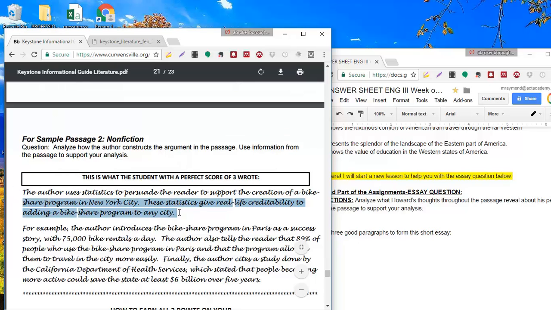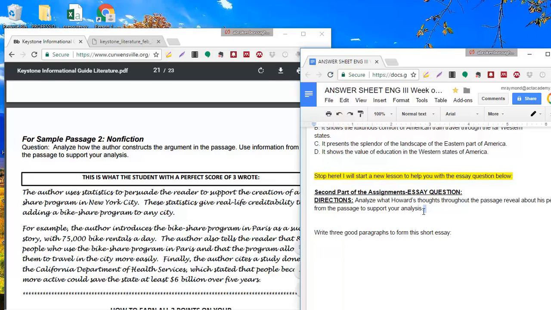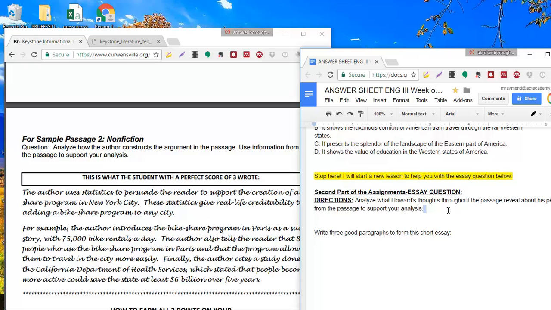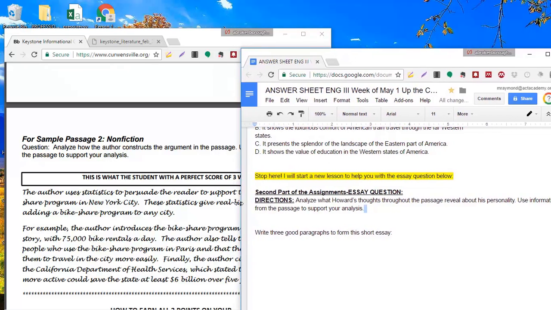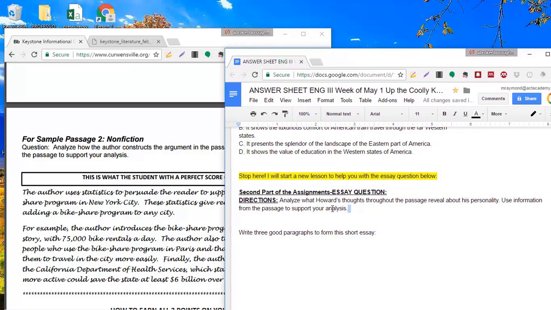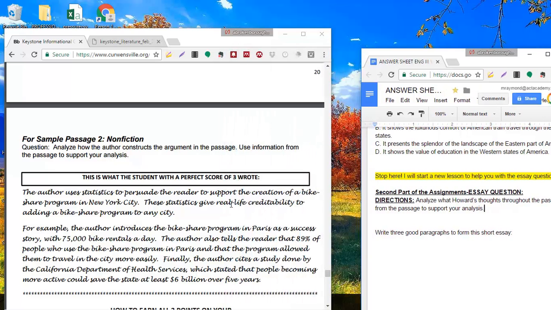So for your essay, you want to analyze how Howard's thoughts throughout the passage reveal, what they reveal about his personality. And that's in paragraph 1.